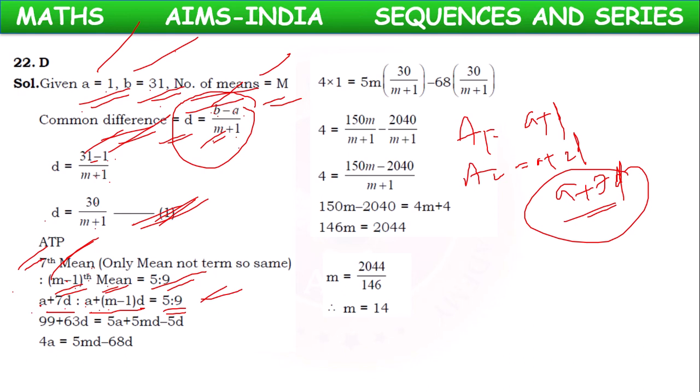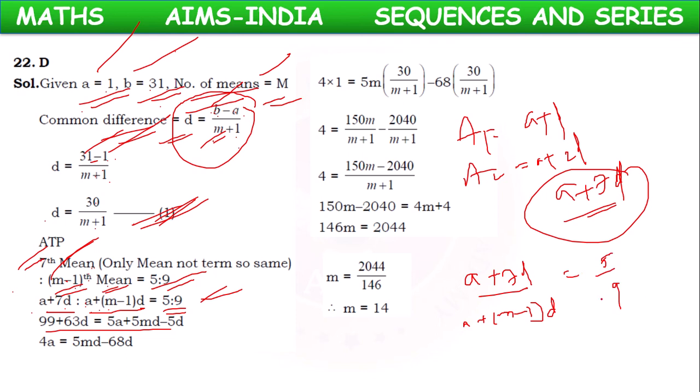A plus 7d, where a value is 1 and d value is 30 by m plus 1. So a plus 7d by a plus m minus 1 into d equals 5/9.